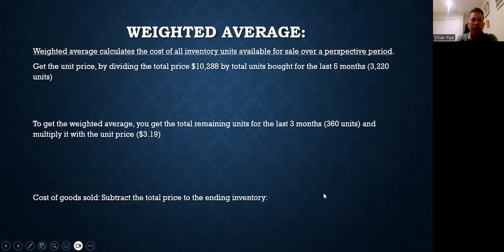For the weighted average, it calculates the cost of all inventory units available for sale over the specific period.